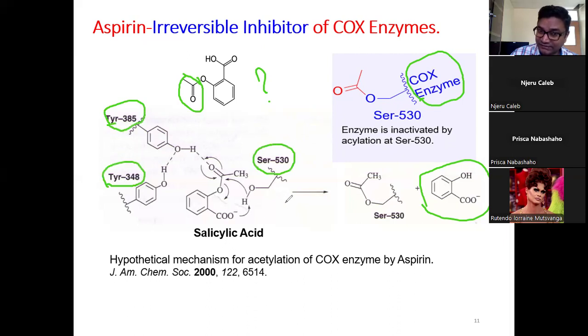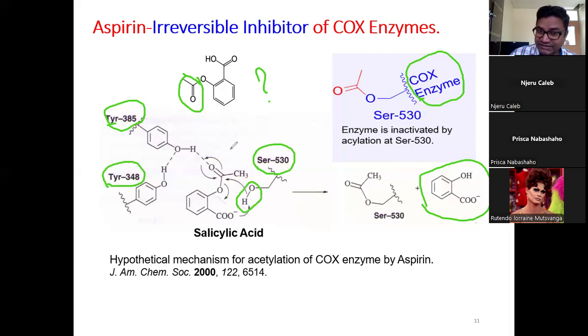These are the binding sites which bind to our salicylic acid. So now you can see how it binds here. When it binds, what happens? Serine is a hydroxyl containing amino acid. You see, this is the serine group.